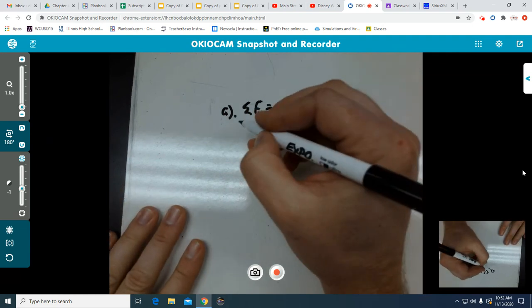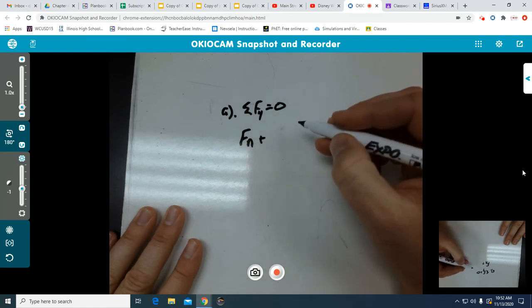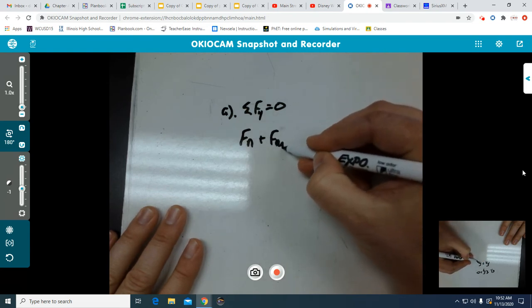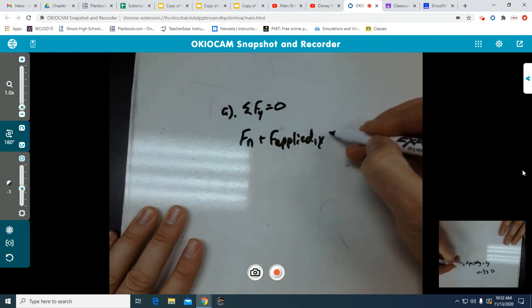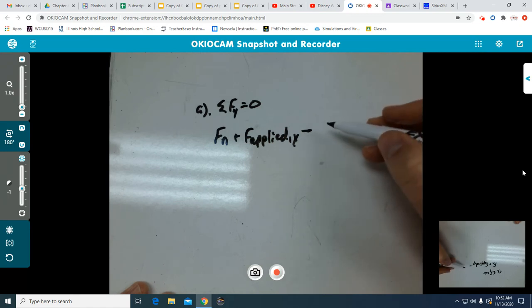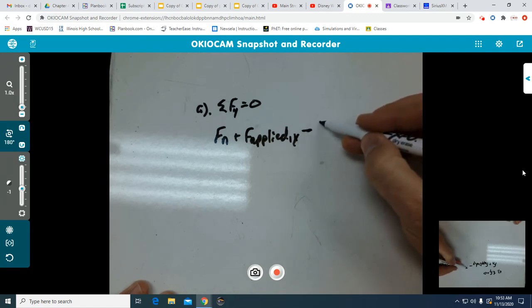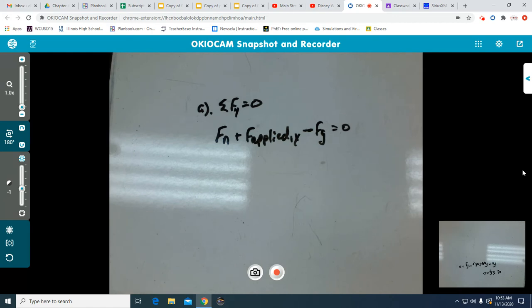We have the normal force, the F applied in the y direction, and the gravitational force. Remember, gravity acts downward, so we get minus Fg, equal to 0.